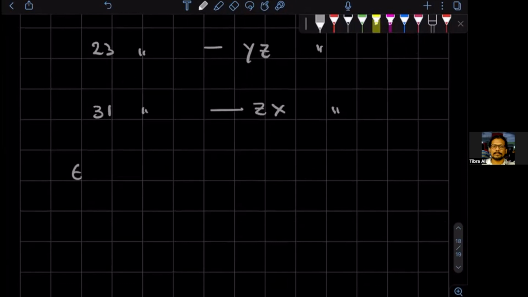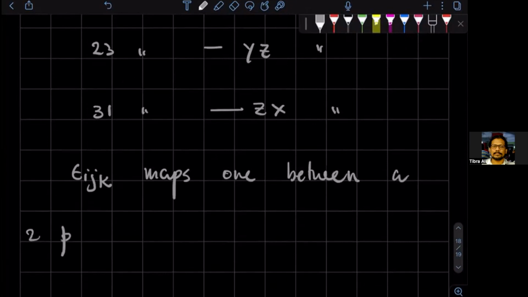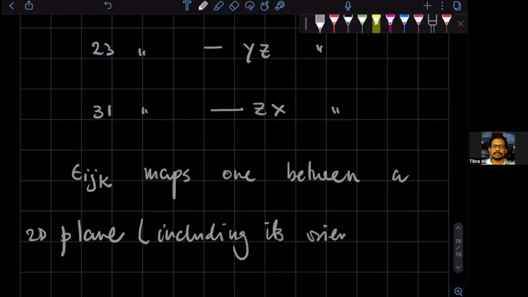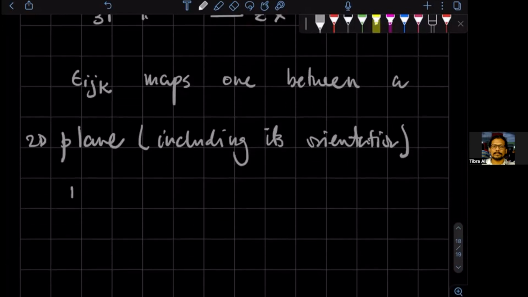And what happens is that the Levi-Civita symbol, epsilon ijk, maps between a 2D plane, including its orientation, to the unit vectors i, j, k.